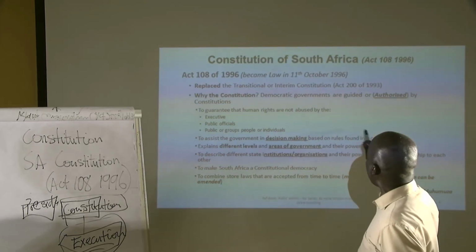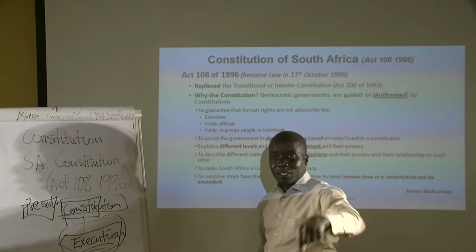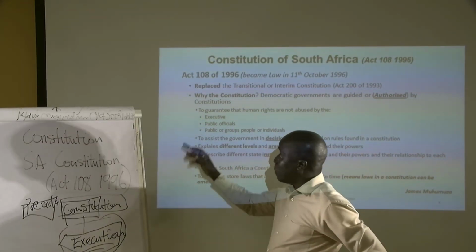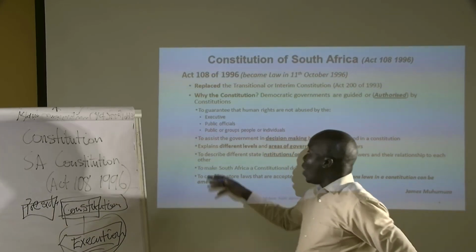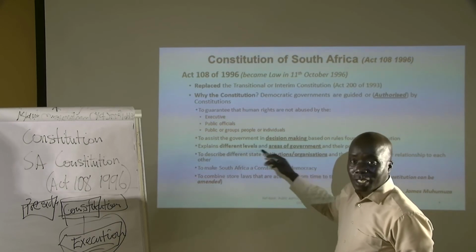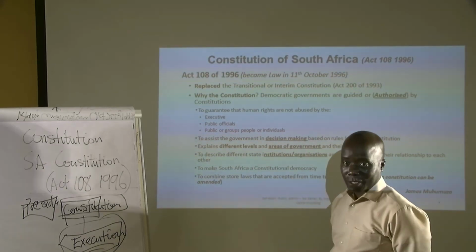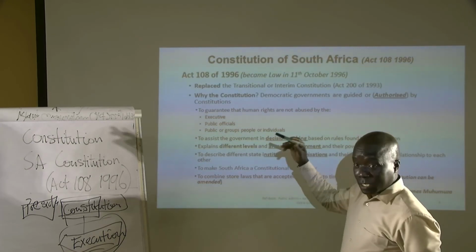Those who are challenging them go back to the Constitution and say the executive, the president and his ministers, are not supposed to decide on how to control us without consulting the other members of parliament.